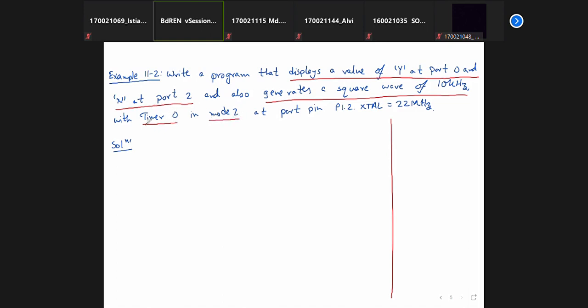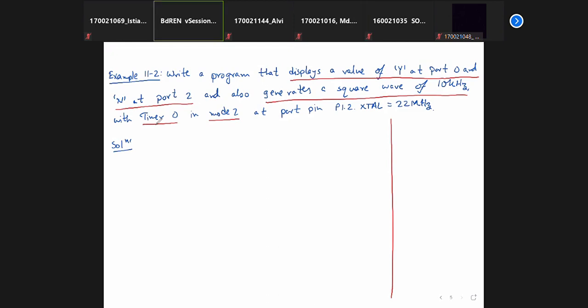So try to recall how many registers are there for timer 0. Can anyone tell me how many registers are there for timer 0? Or for timer 0, what is the size of the register? How many bits? 8. Timer 0 is actually a 16-bit register. So those 16-bit registers have got 2 names.